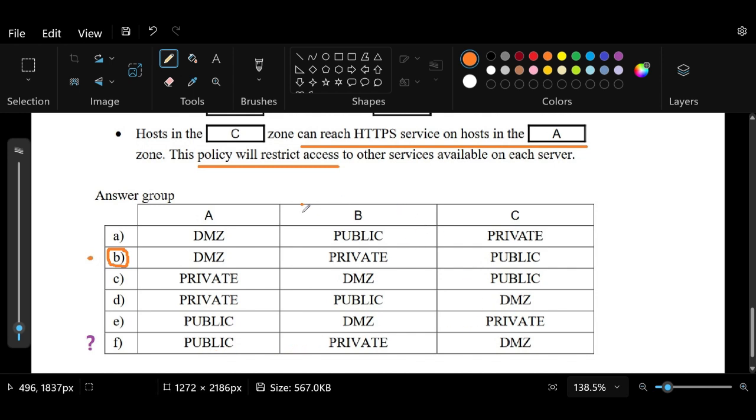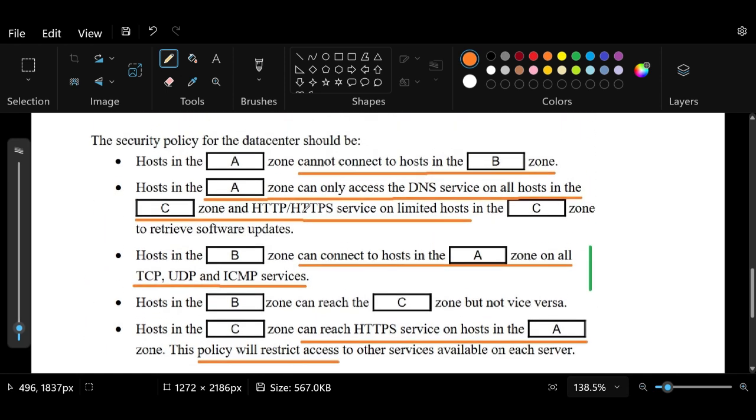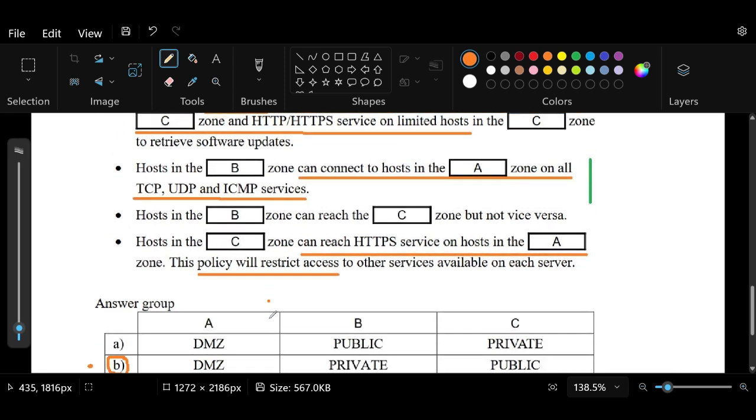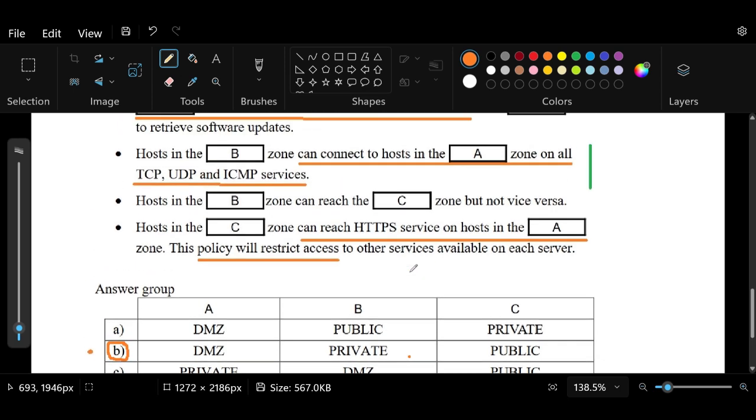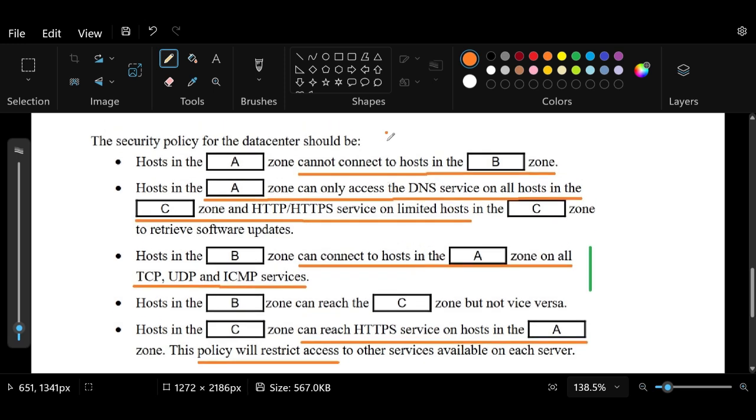Now, turns out that if we go back to the part where we got the blanks, here it says that blank zone cannot connect to host in the B zone. So if we put in a value, like for example in this case DMZ to A and private to B, what we'll get is the DMZ zone cannot connect to hosts in the private zone.